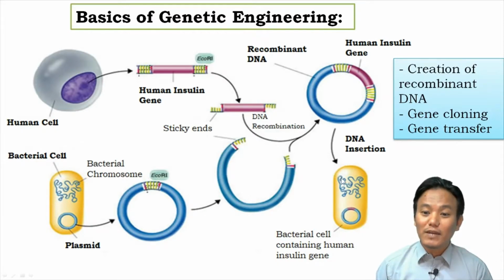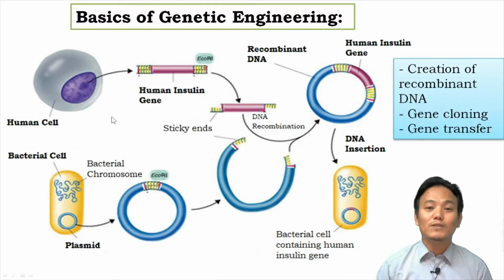And whenever the bacterial cell divides, the plasmid DNA or the recombinant DNA will also replicate, thereby creating clones of itself, or copies of itself, along with the human gene. So the human gene of interest, the human insulin gene, will create copies of itself. That is called cloning, right? And the gene will be transferred to the progeny bacterial cells. Okay, so with this diagram we can see all these three techniques involved.